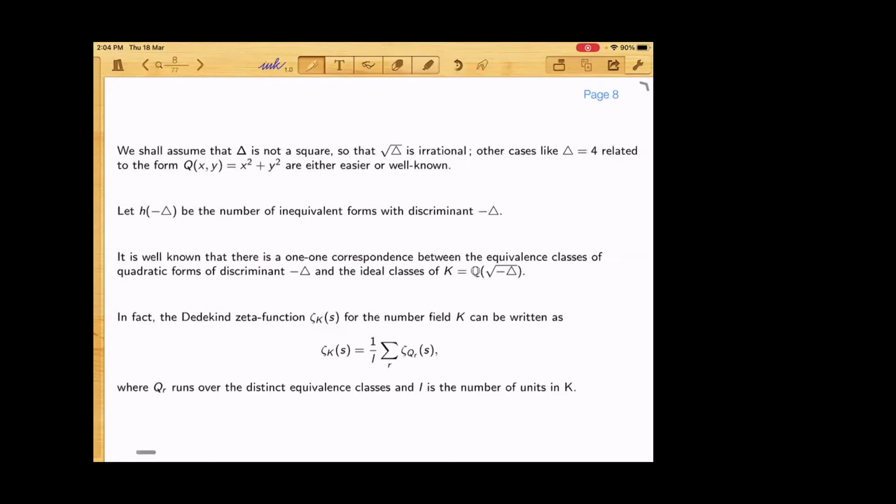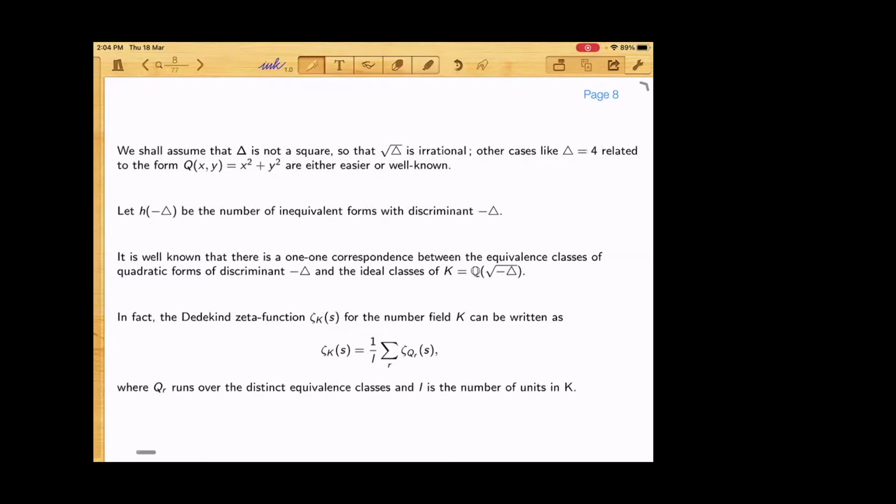Now, let h(sqrt(-delta)) be the number of inequivalent forms with discriminant minus delta. So there is a way of defining equivalence among the forms. Let h_delta denote the class number.